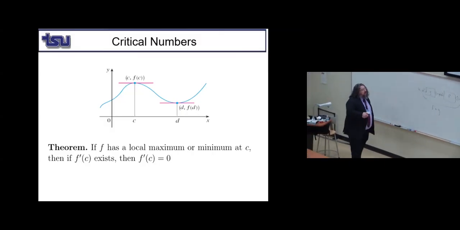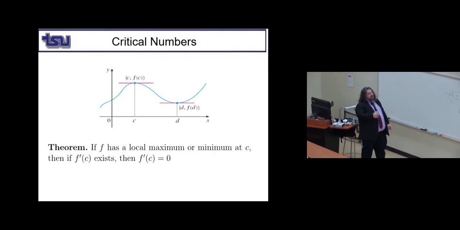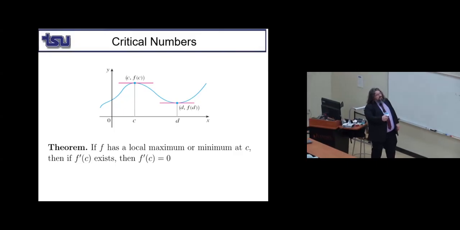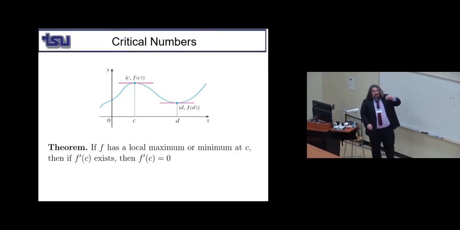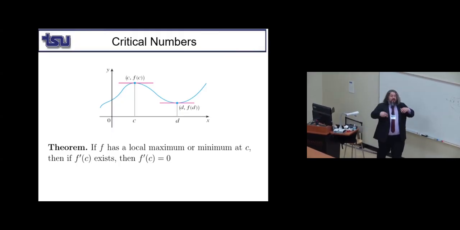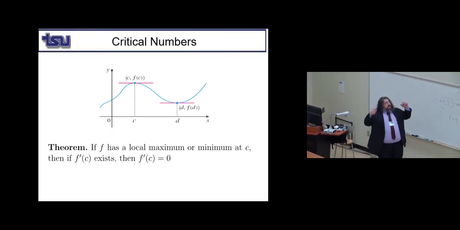These we call critical points, or sometimes critical numbers. And the theorem, as stated here, is the most important theorem in optimization from the calculus point of view. If a maximum or minimum occurs, the derivative is equal to 0.